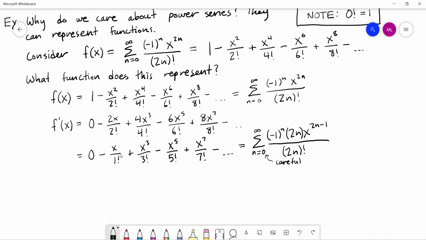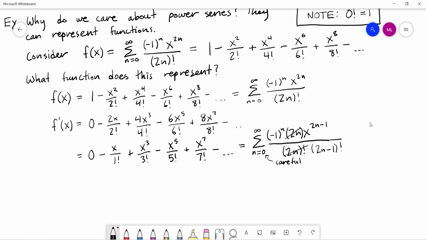This is almost like what we've got over here. You'll notice we did the cancellation where we canceled the 2n with the 2n in the 2n factorial, and when I cancel this and this, what I wind up with is 2n minus 1 factorial down here.